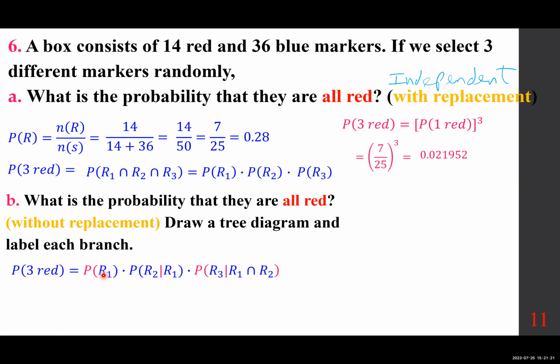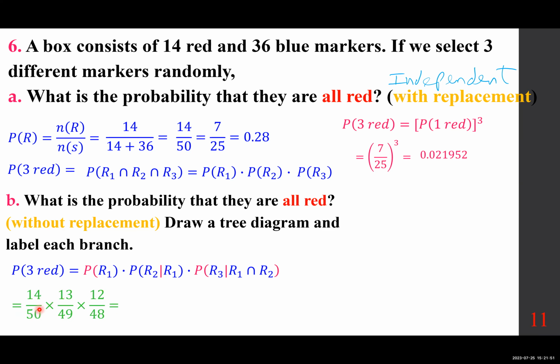Now, the first one, very simple, 14 out of 50. But what happens here? It's important to know first and foremost, because it's without the replacement, now we no longer have a total of 50, but rather we have 49 markers left. And if the first one was 14, now we have only 13 red, and it goes down in the same manner.